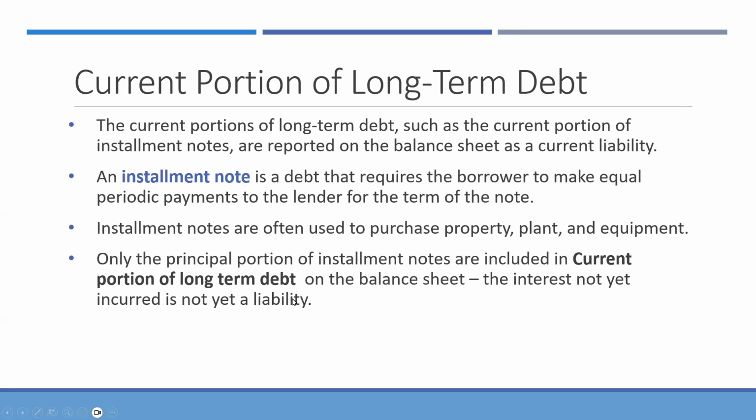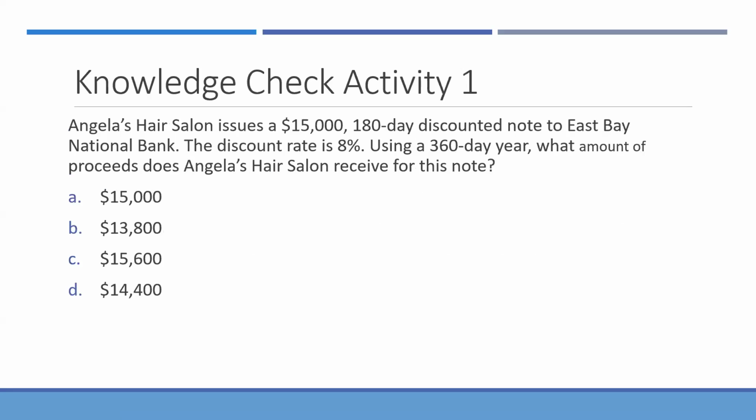The current portion would only be the principal portion of that. We would know that from an amortization schedule, which lines out all the principal payments and all of the interest that's going to be due, and only the principal part would be included for the next 12 months. So we'll go over an example of that in a bit.